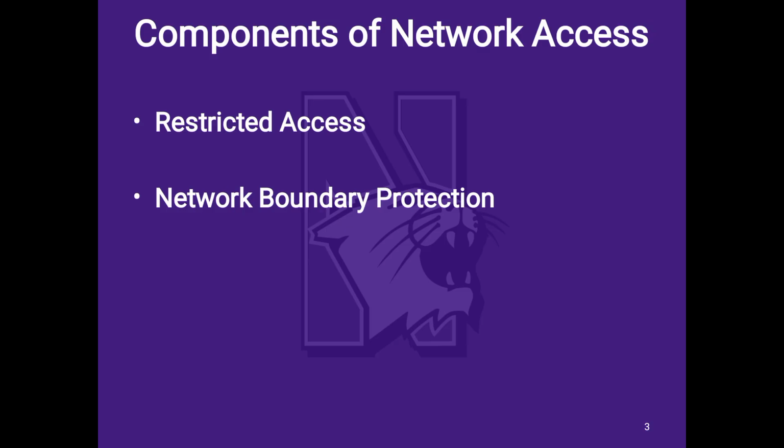Next, network boundary protection monitors and controls the connectivity of the network with external networks. For example, a firewall is used to prevent unauthorized access to the network resources from outside of the network.